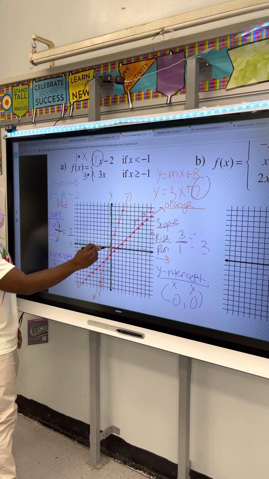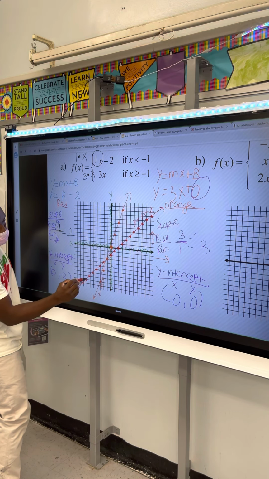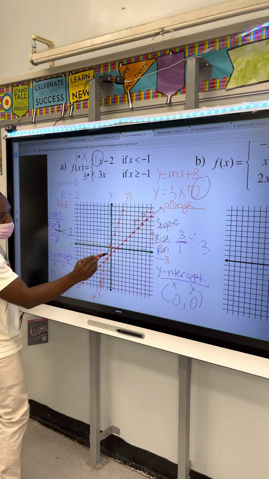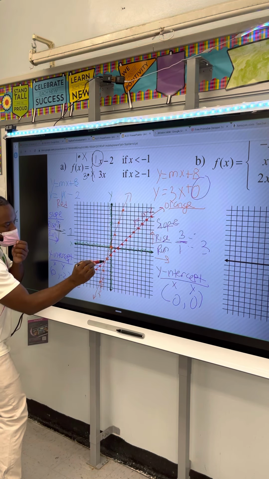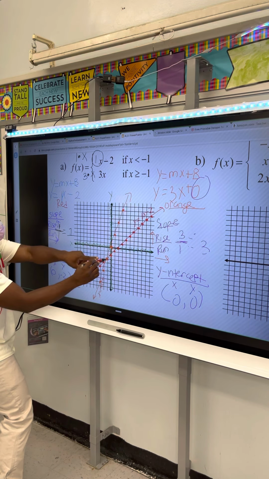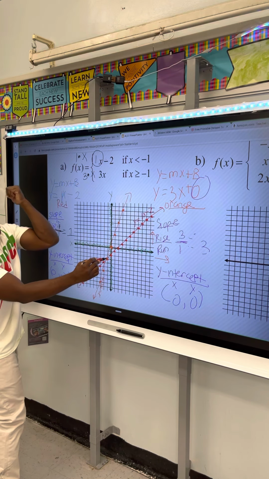So 1x minus 2 is red, right? This is our graph, our equation of the line. Am I going to highlight the left of this or the right of it? If it's less than, am I going to the left or to the right?